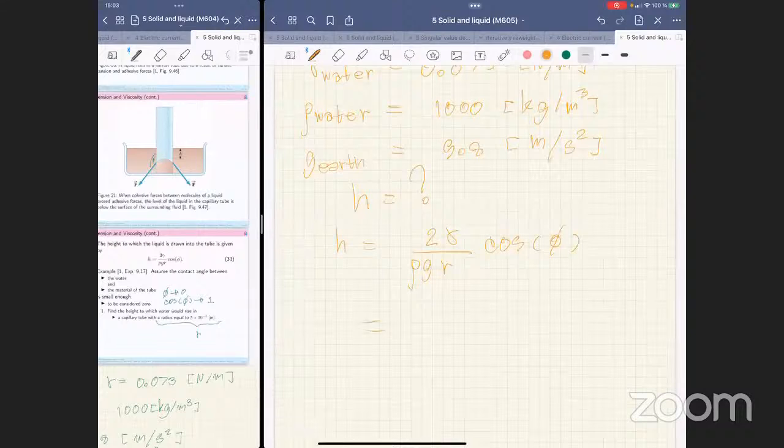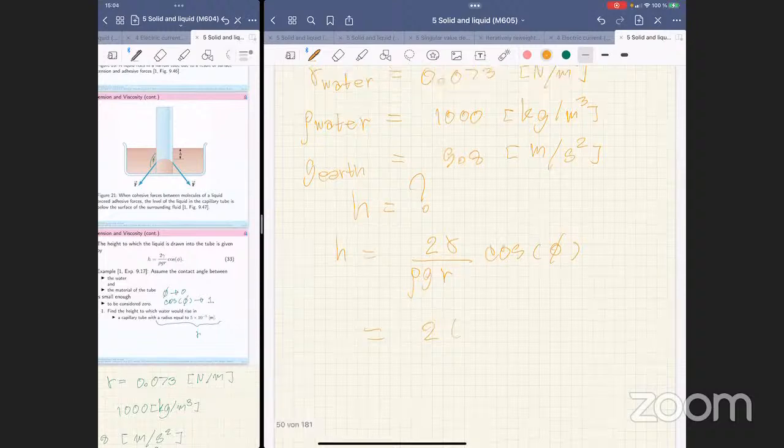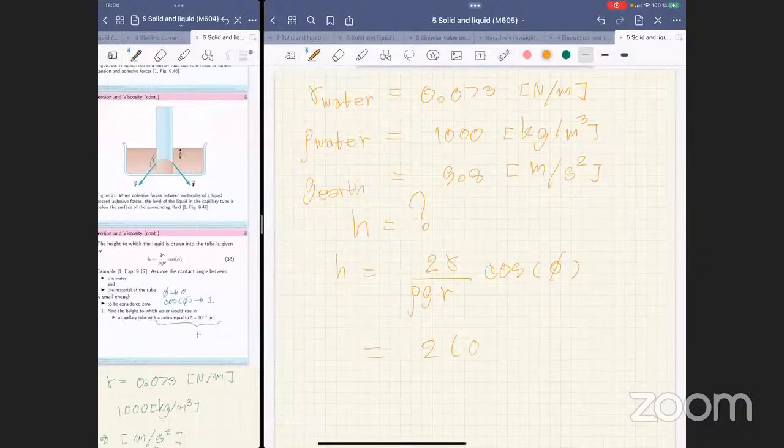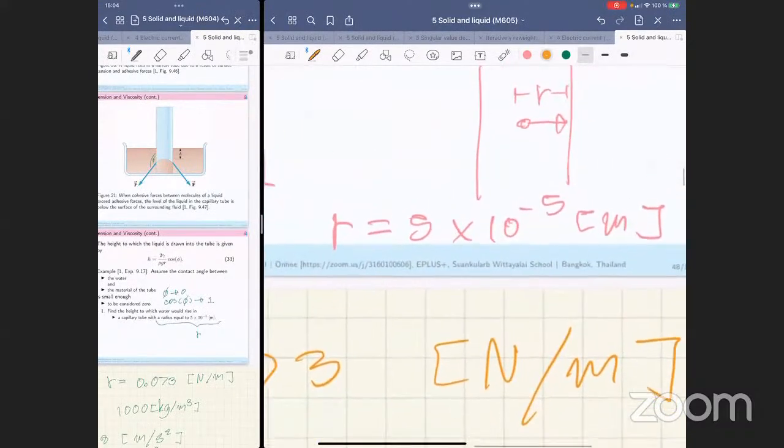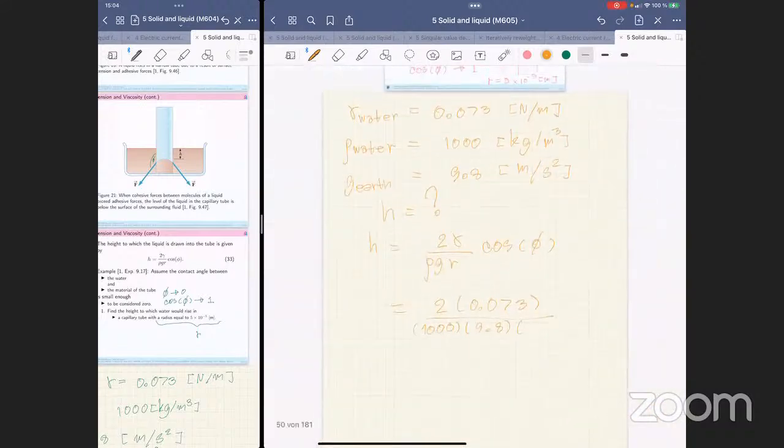And yeah, it's 2 times gamma. Gamma of water is 0.073 and divided by rho, which is 1000, and g is 9.8, and r is the radius, right? r is the radius, which is 5 here, 5 times 10 to the negative 5.